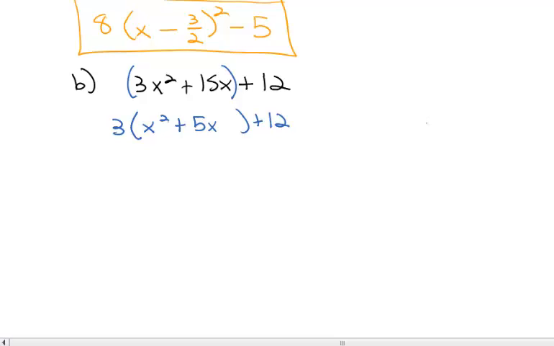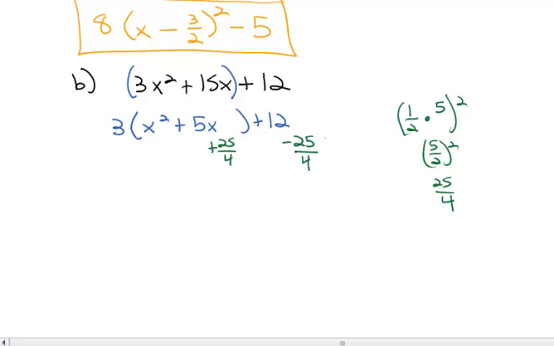Again, now we will complete the square by finding 1/2 times b, which is 5, squared. That becomes 5 halves squared, or 25 over 4. So we're going to add 25 over 4 and subtract 25 over 4 multiplied by the 3 out front.